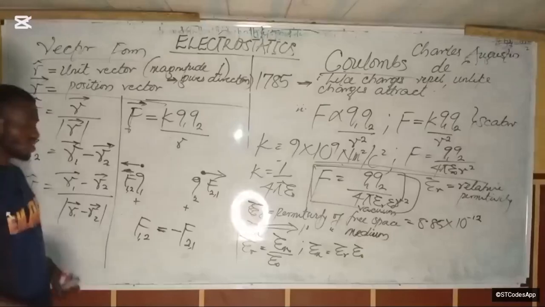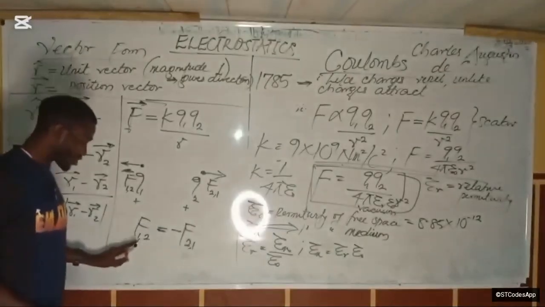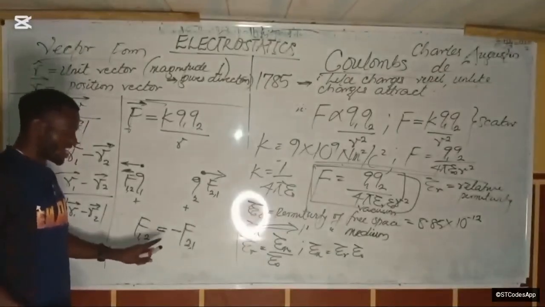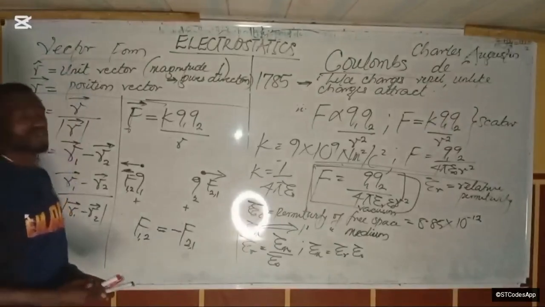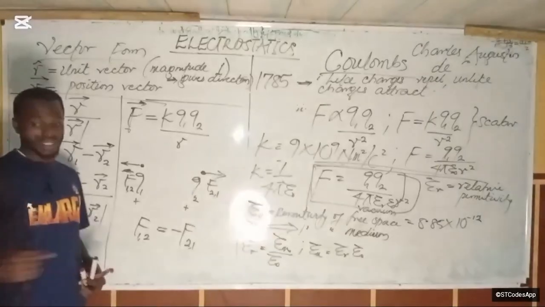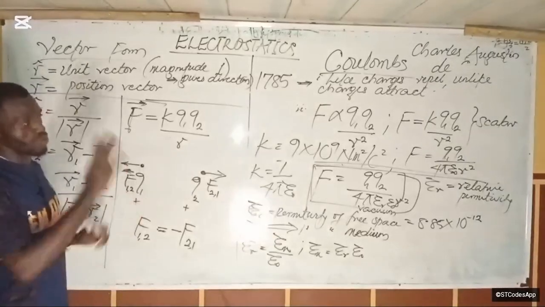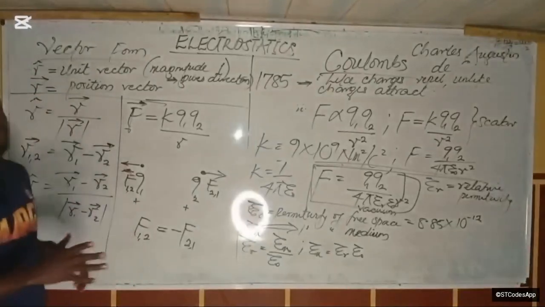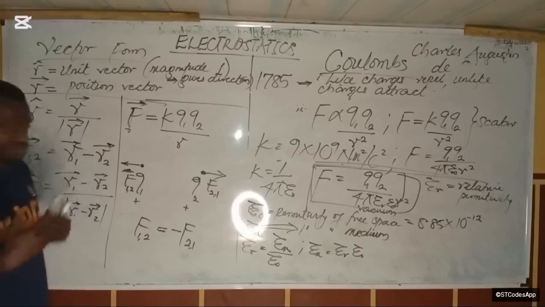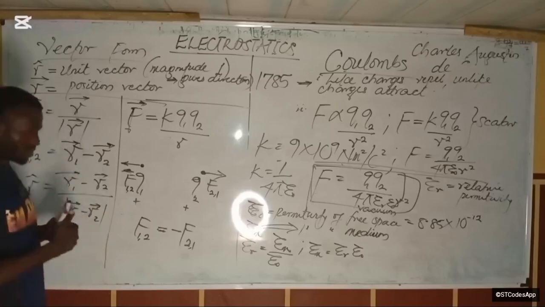Does this make sense? By the time we do the superposition principle, that will not be in this video. I just want to use this video to show you how to solve questions, and we'll introduce it primarily. When we get to solving advanced questions, you are going to see.